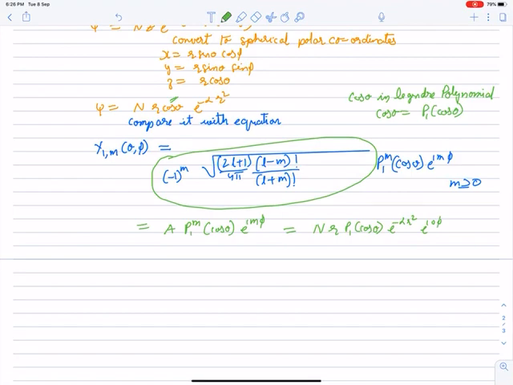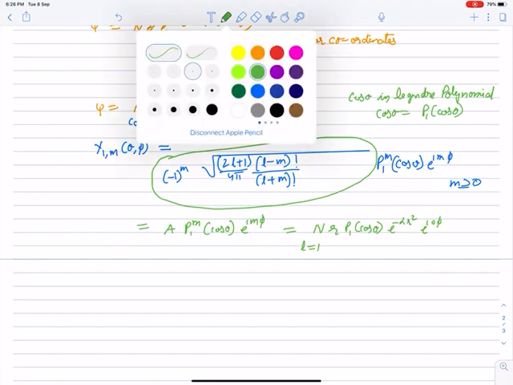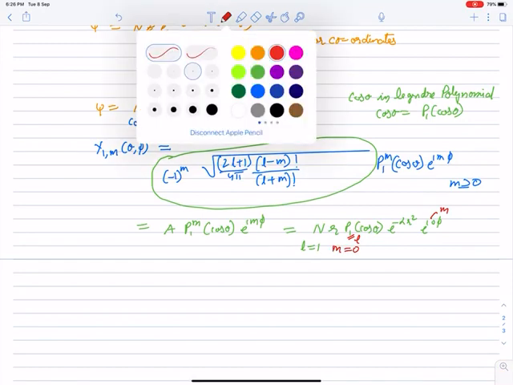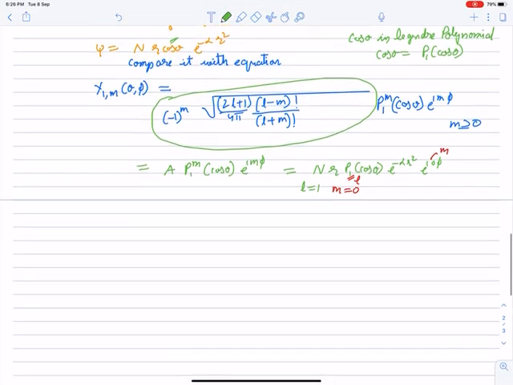Comparing, the value of L is equal to 1, and this is the value of M. So L is equal to 1 and M is equal to 0.